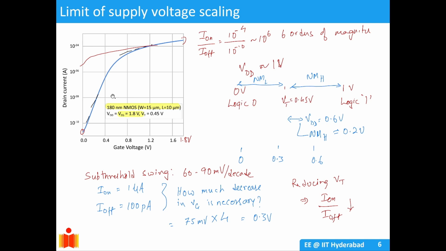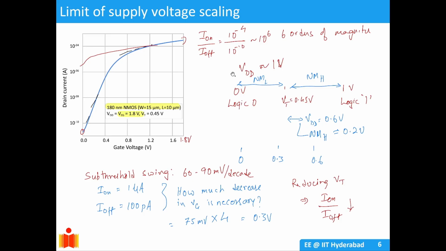The transfer characteristic looks like this. You can see the difference between on current, at 1.8 volts, and off current is much higher. Almost 6 to 7 orders of difference is here. You can see I on by I off is around 10 to the power 6, so 6 orders of difference.